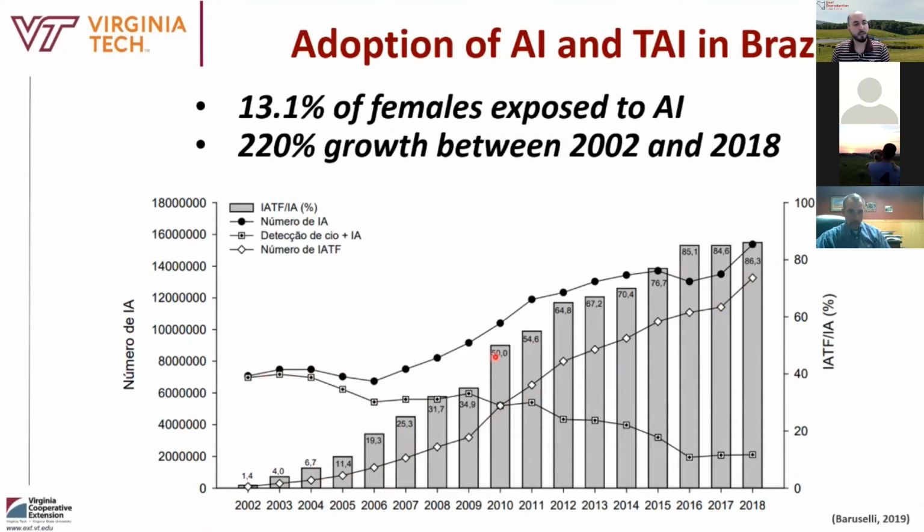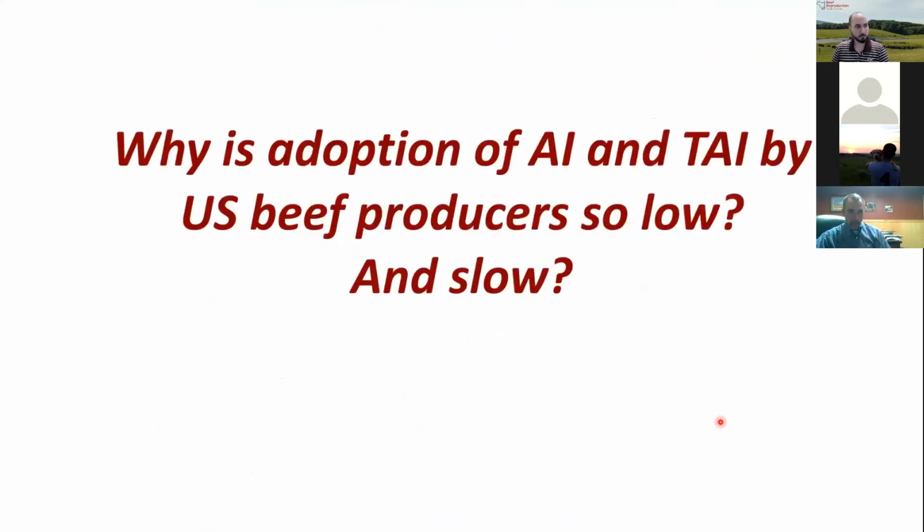And the total number of cows that are undergoing AI, so definitely growing in Brazil. And 86% of the beef cows now that are AI'd in Brazil are done so by estrus synchronization, right? So definitely growing pretty fast compared to what we've seen in the United States.